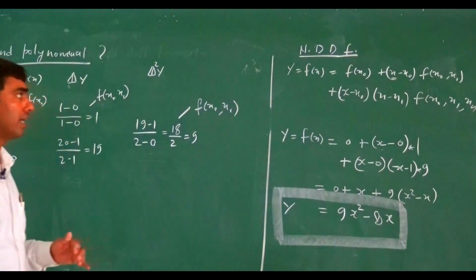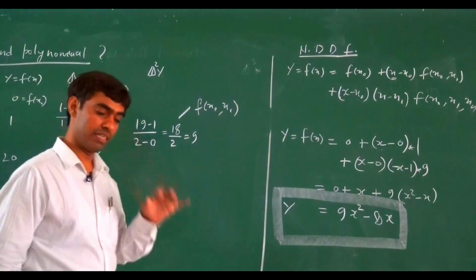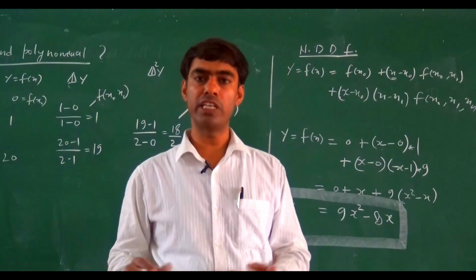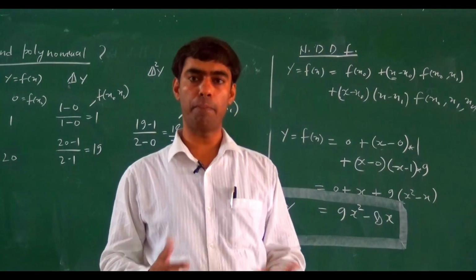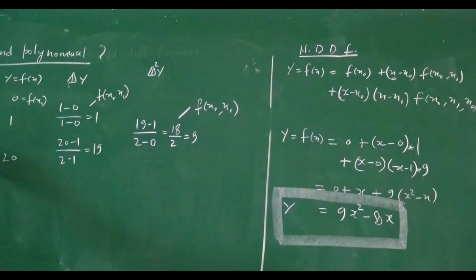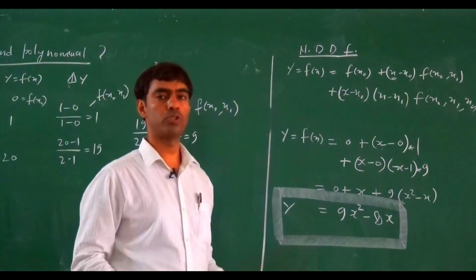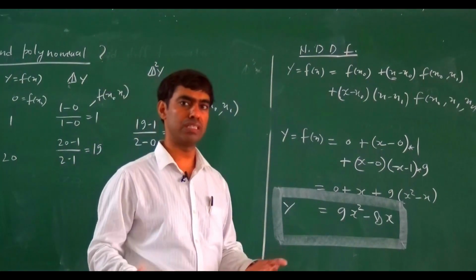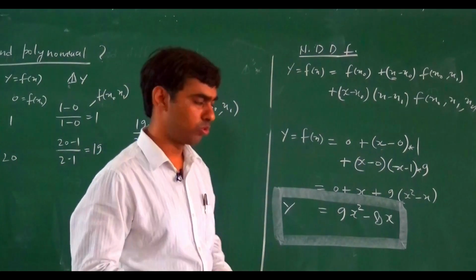As we discussed in a previous lecture, an interpolating polynomial only gives an approximate value. So at x equal to 1 and x equal to 2, this may be near to 20 or equal to 20. In the best case, it is equal to 20.